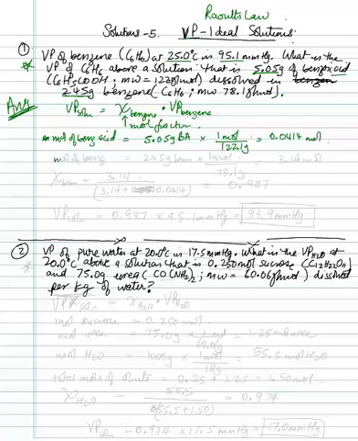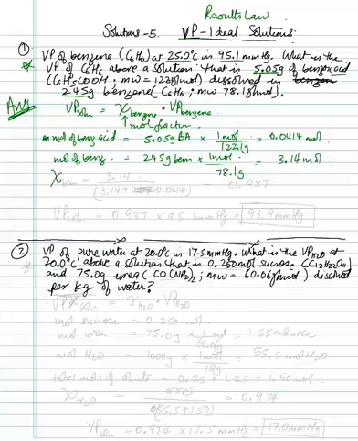Now the moles of benzene, which we've done a zillion times. 245 grams of benzene times 1 mole divided by 78.1 grams gives us 3.14 moles.